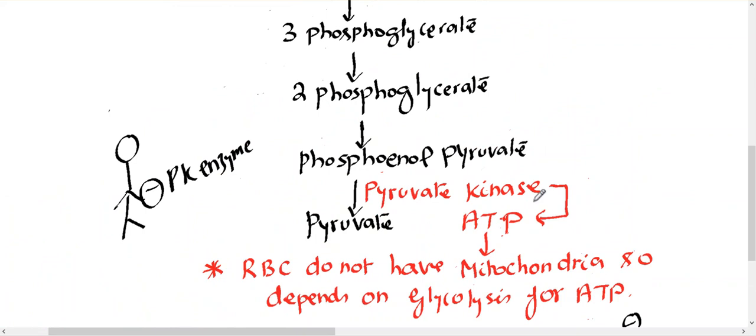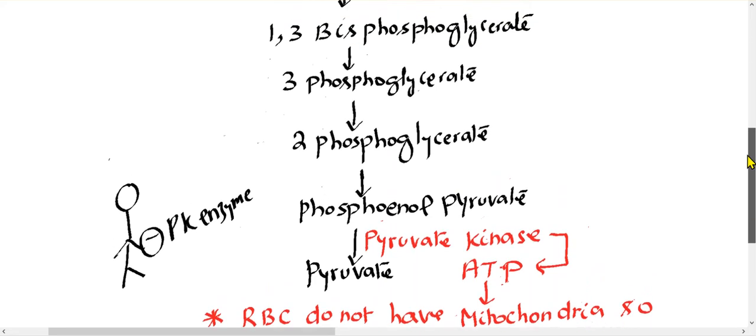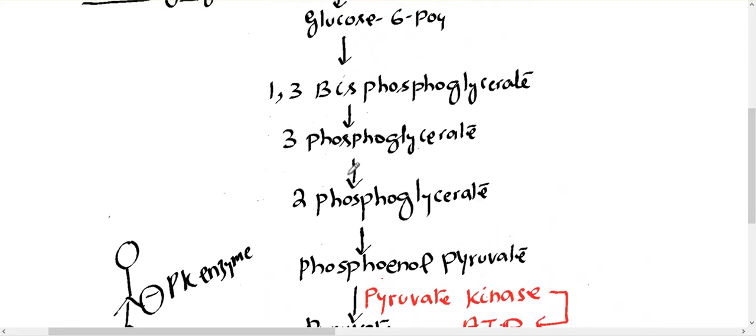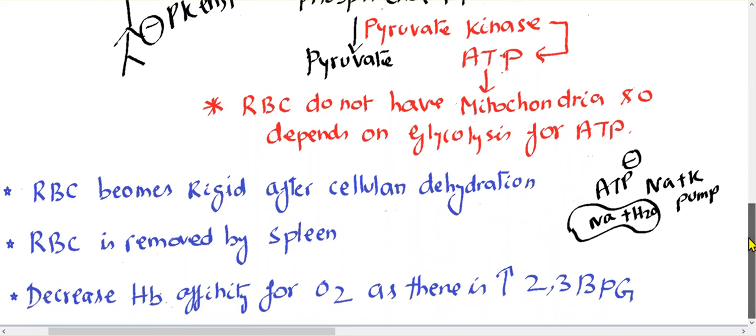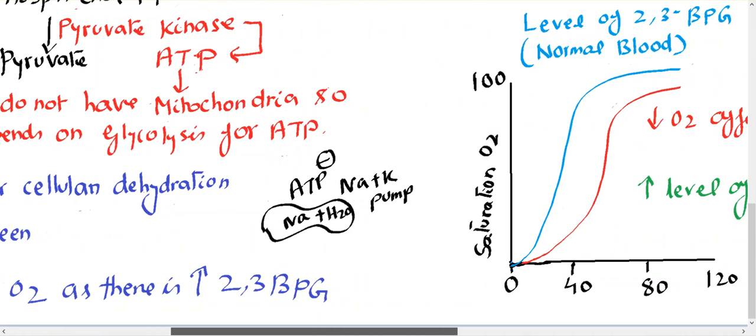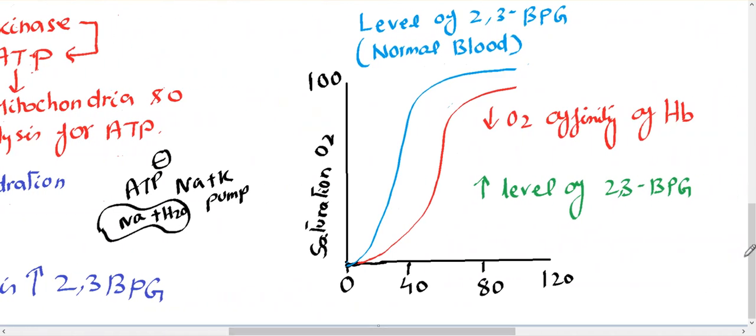So guys, when pyruvate kinase is not there, all of this will go up. The phosphoenolpyruvate will go up, 2-phosphoglycerate will go up, 3-phosphoglycerate will go up, 1,3-bisphosphoglycerate will go up, and that will lead to an increase in 2,3-bisphosphoglycerate.